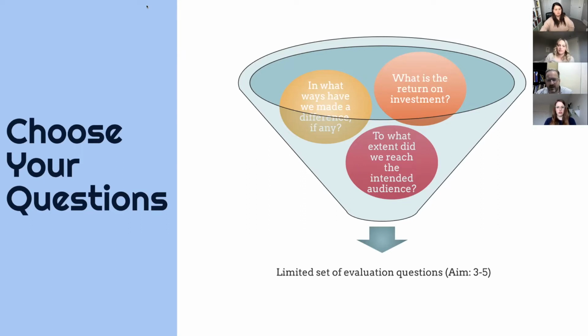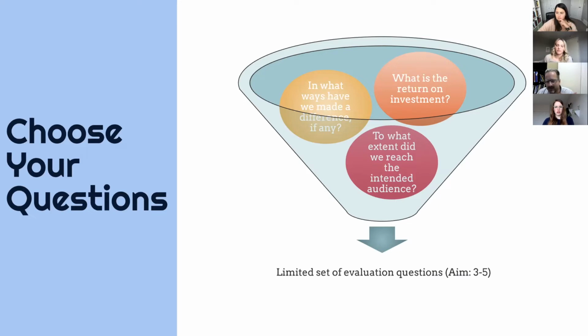I like to think about this as a funnel, where we're going from the broad purpose statement down to more specific evaluation questions, which is going to lead to the actual methods that we're going to use to gather the data. So our surveys, our interviews, our photo voice, whatever it is, where we then have the questions that we will ask on those particular instruments, but these are going to guide those things.